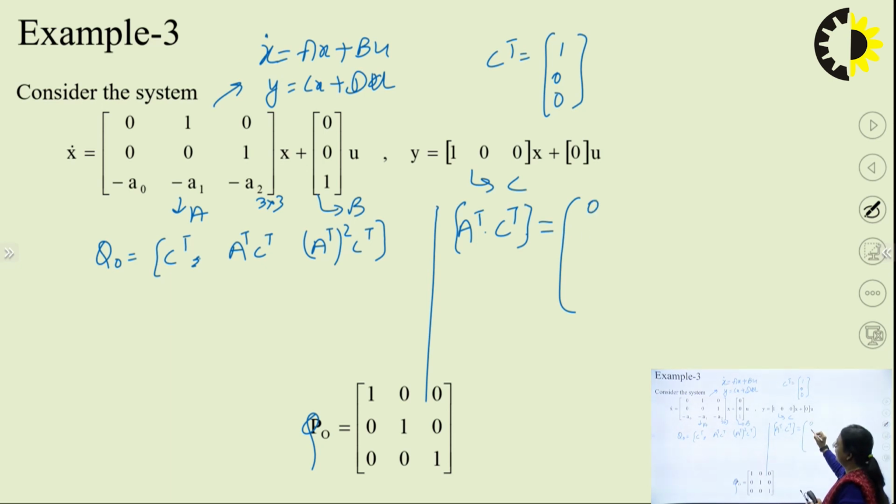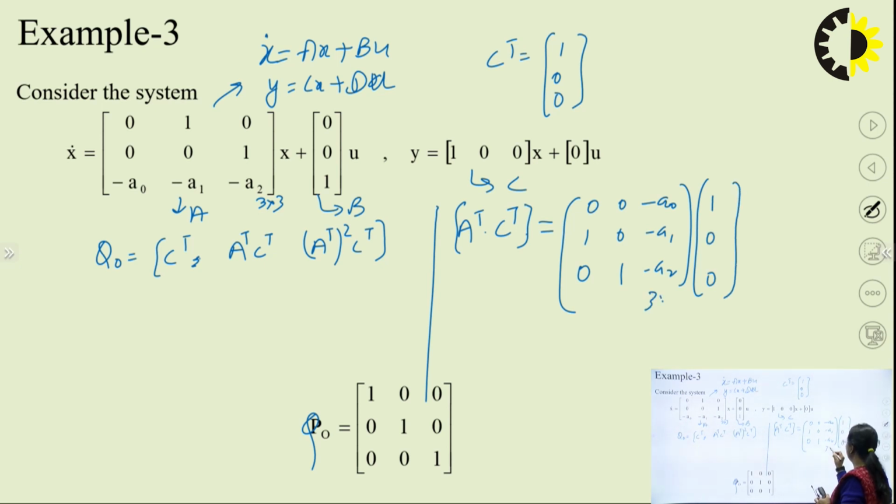Now I am directly writing the transpose of matrix A. This is 0 0 1 and this is minus A naught, minus A1 and minus A2, into C transpose which is 1 0 0. So this is of order 3 cross 3 and this is 3 cross 1, right? So it is again coming out to be another matrix which is of the order 3 cross 1.